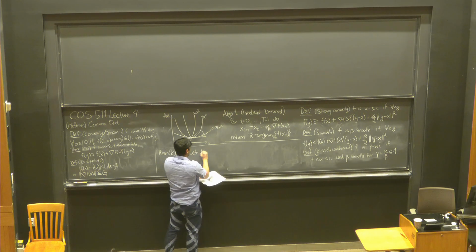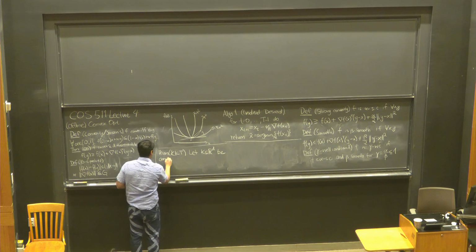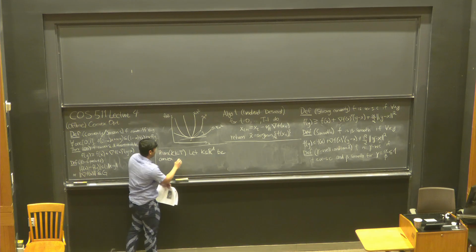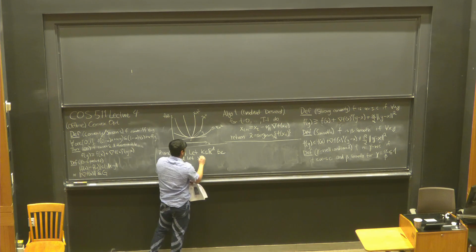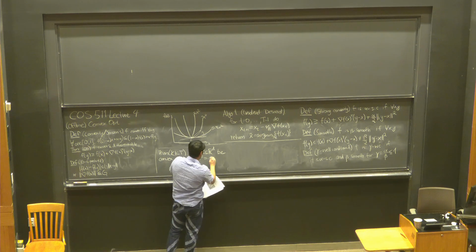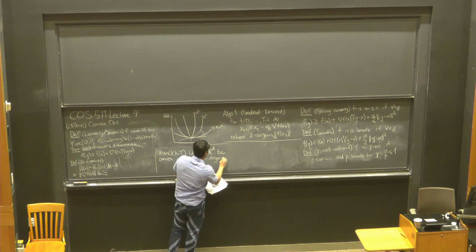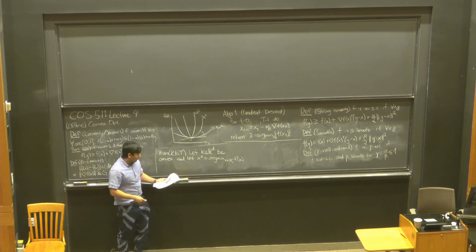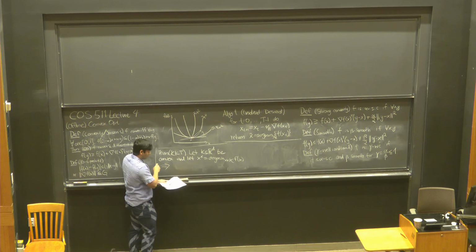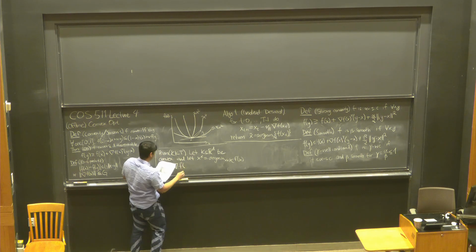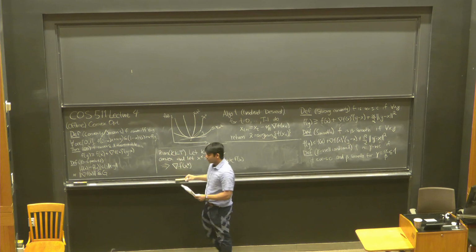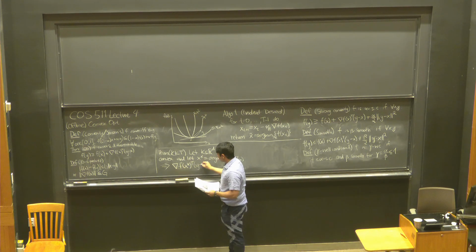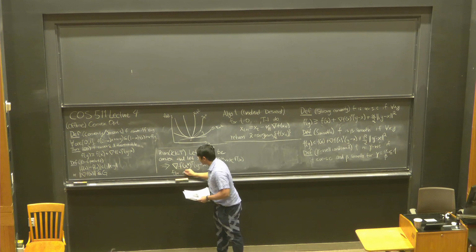So let K be a convex set, and let x star be the arg min of f over K. Then, again, I'll say what this means in a second, the gradient makes a positive angle with y minus x star for all y in the convex set.